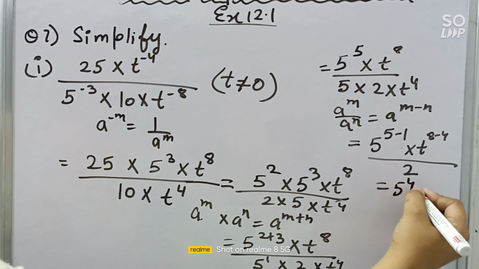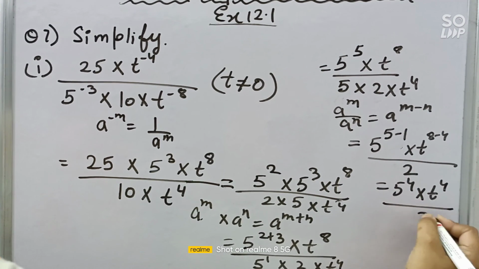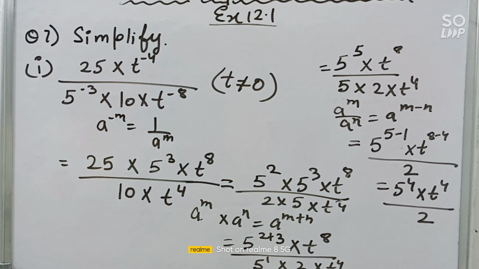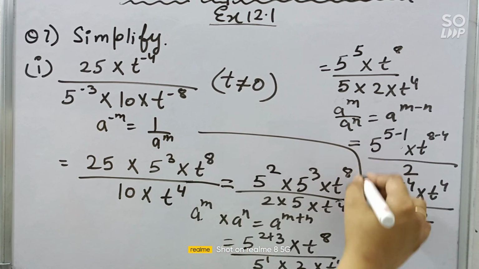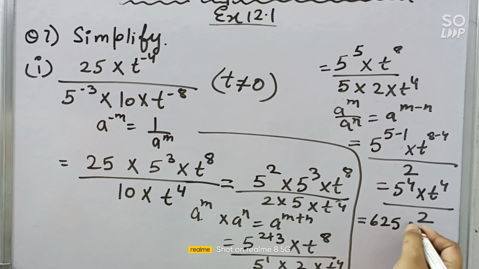So this becomes 5 raised to the power 4 multiply t raised to the power 4 upon 2. Now we have to solve 5 raised to the power 4 because we cannot solve t raised to the power 4. We don't know the value of t, so we will keep it as it is only. So this 5 raised to the power 4 becomes 625 multiply t raised to the power 4 whole upon 2.